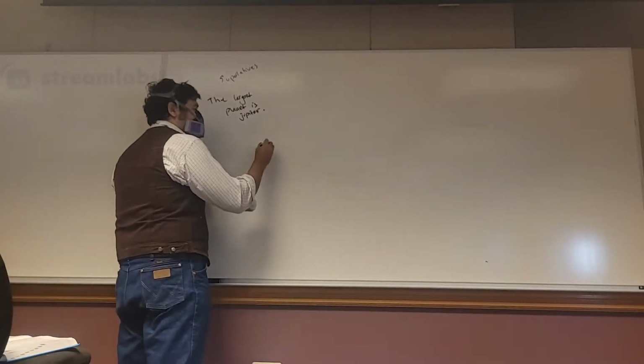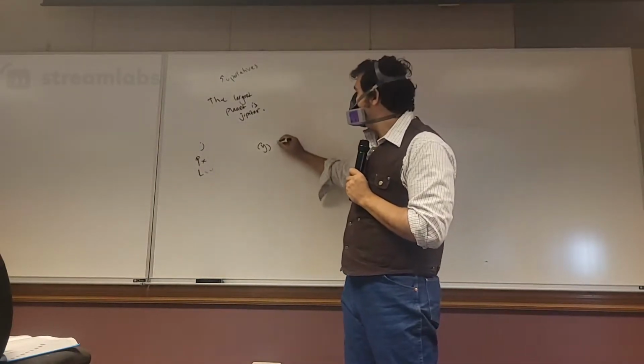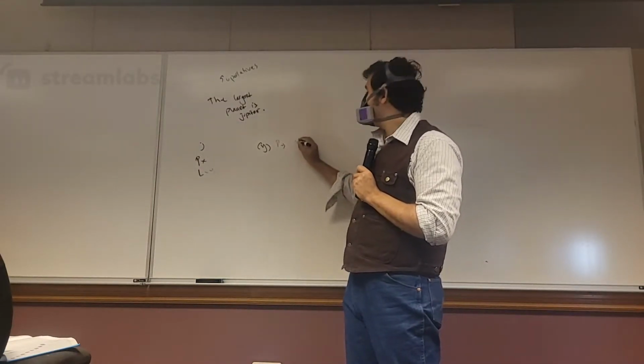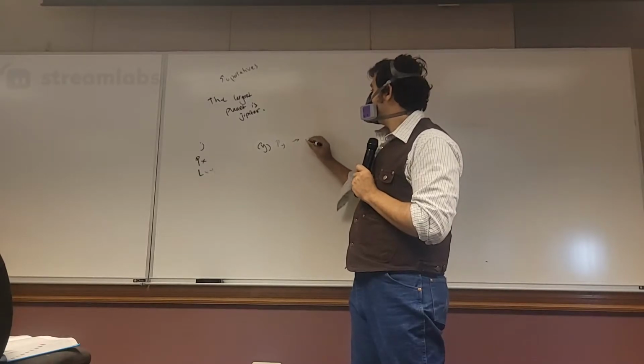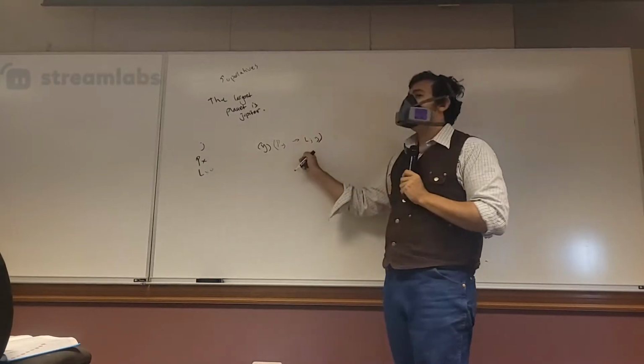I'll throw this at you, and then we'll end. For any Y, if Y is a planet, then Jupiter is larger than Y. Is that right?